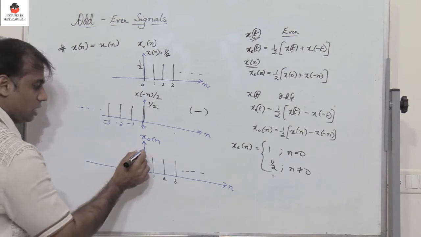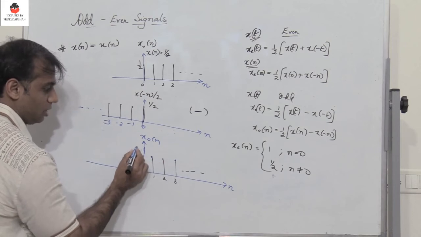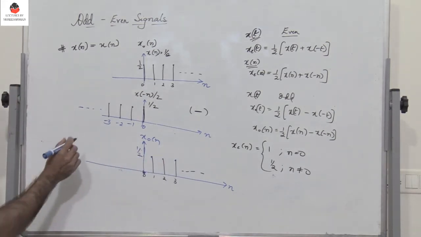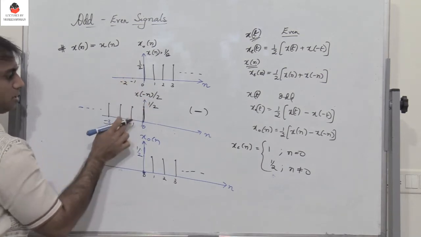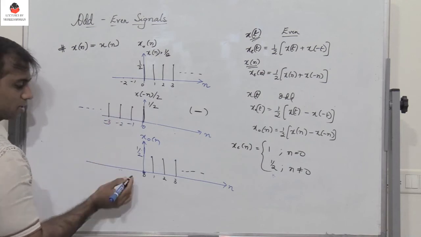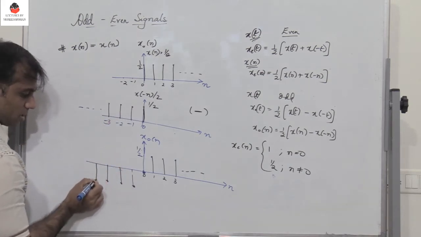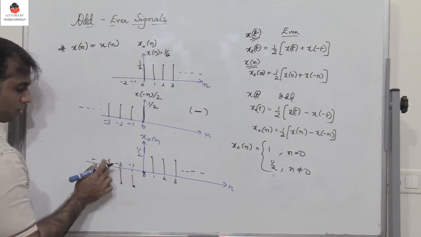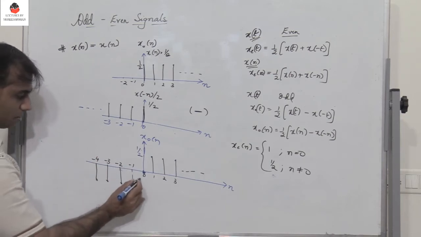And all these values are half. Therefore, for n equal to minus 1, minus 2, minus 3, minus 4, all the values would be equal to minus half.